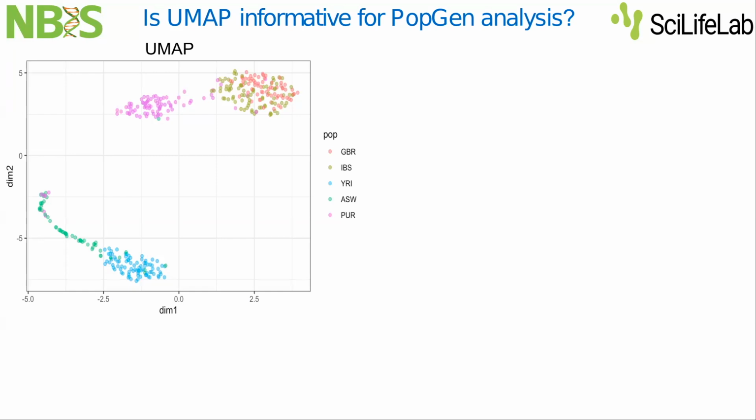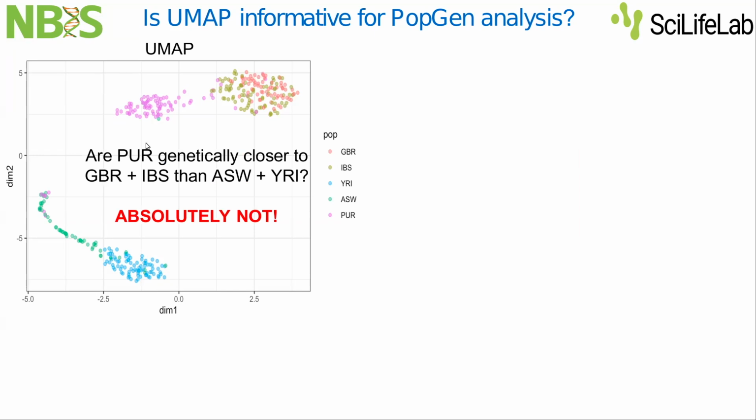While in PopGen analysis, that's essentially the goal of the analysis: to say whether this Puerto Rican population, if it clusters, for example, closer to this cluster, can we say that this Puerto Rican population is genetically closer to the Great Britain plus Iberian population? Is it true or not? And that's absolutely not true. So we can't do this kind of interpretation based on UMAP plots.